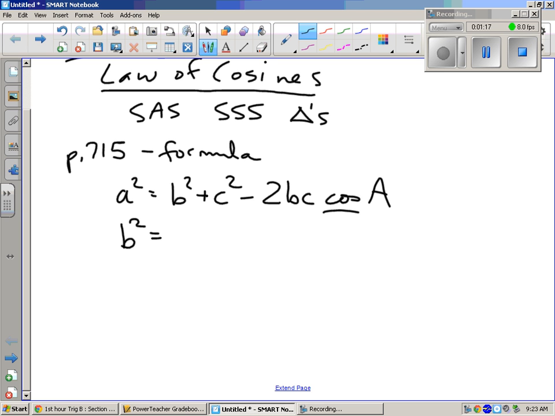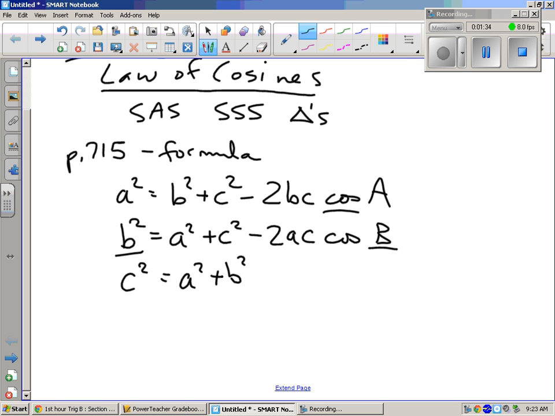So b squared equals a squared plus c squared minus 2ac cosine B. Notice whatever you start with, b, you have to end with the angle B. And the third one is c squared equals a squared plus b squared minus 2ab cosine C. So the sides and angles just vary according to what you're given in the problem.